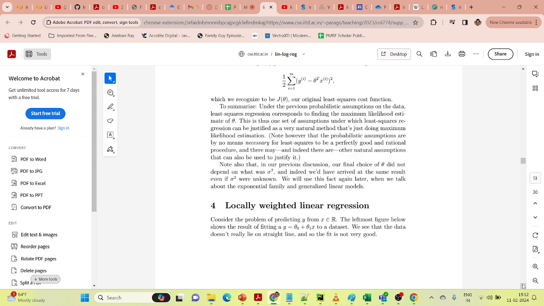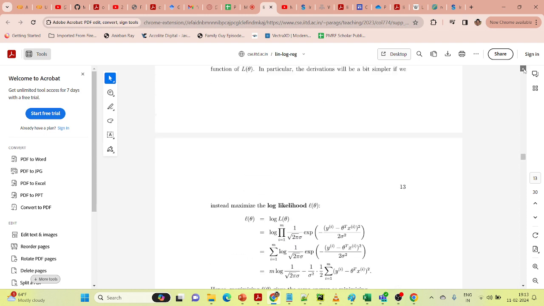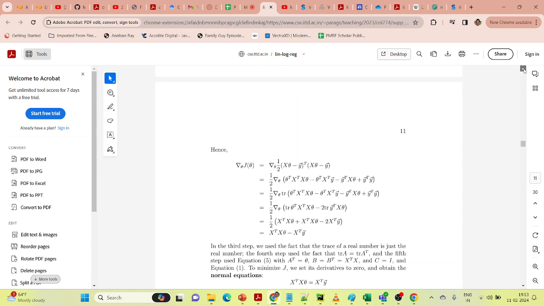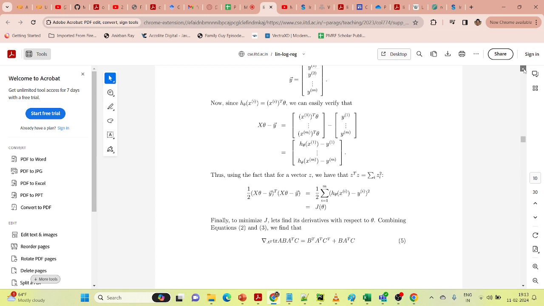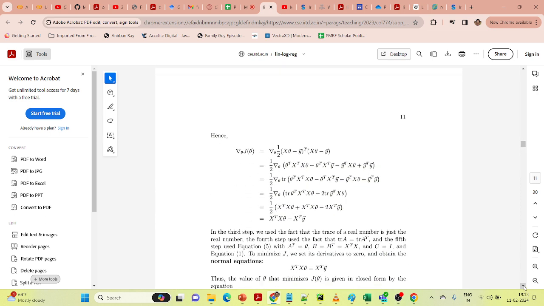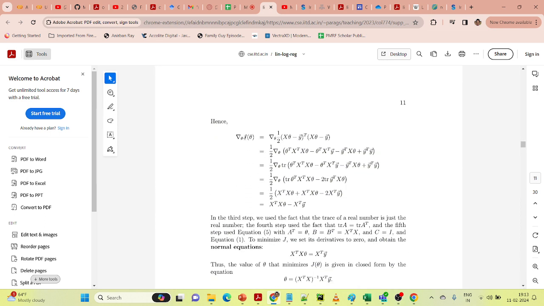And if you take the differentiation of the squared error, then you can get to this normal equation. So what he has done is done it another way as well. First he made the matrices and vectors, and after that he has taken the gradient of this cost function. Cost function is defined like this.